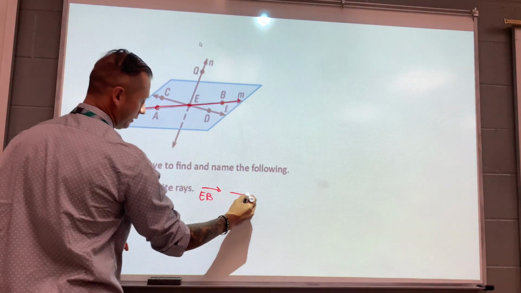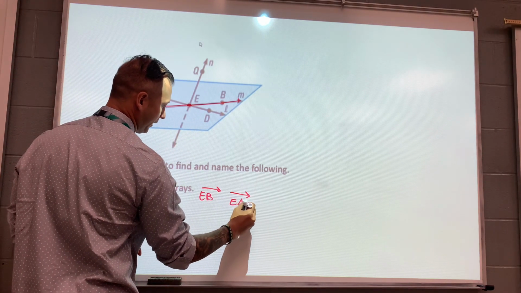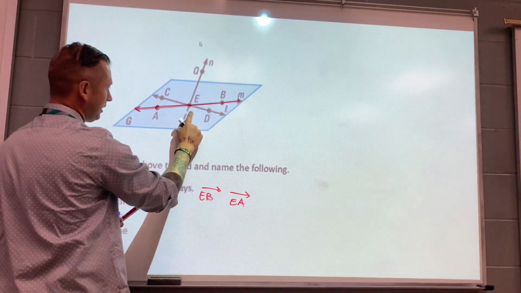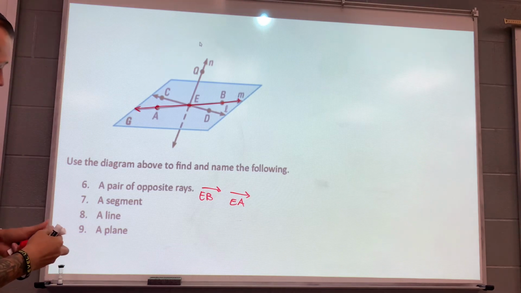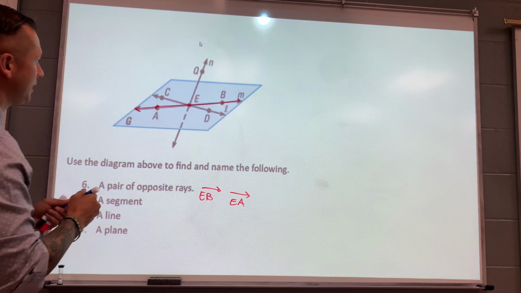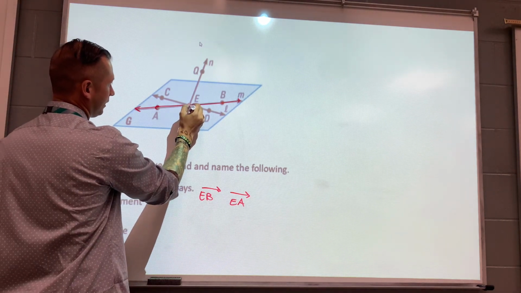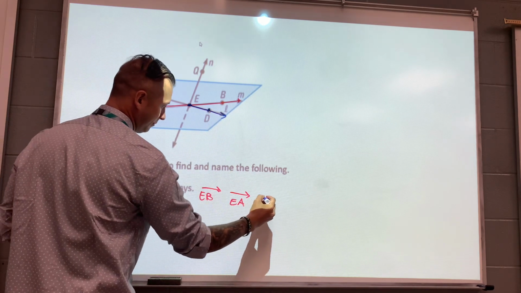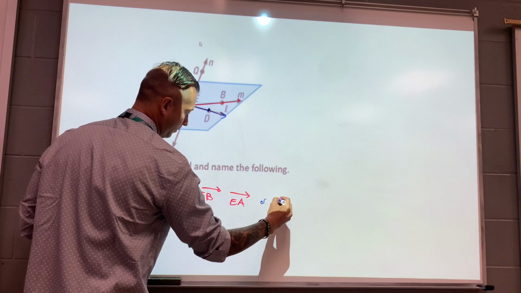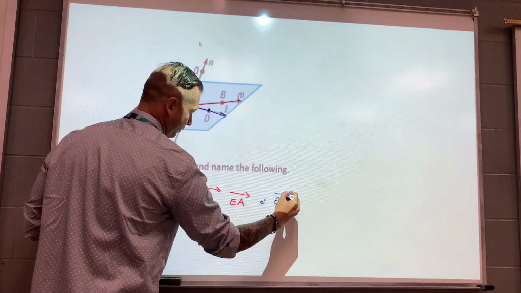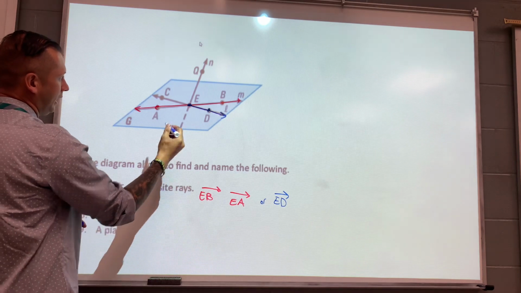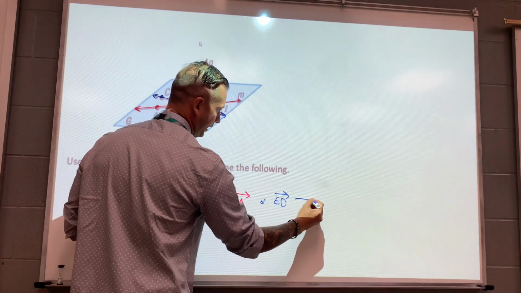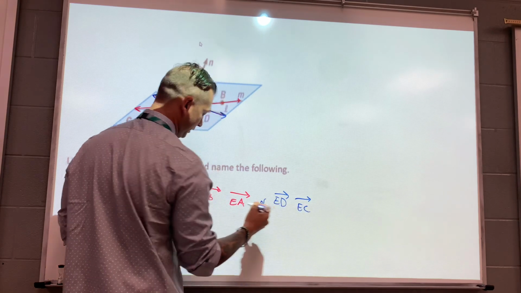E being the endpoint in the direction of A. So here is an opposite ray, EB, EA. Another one would be ray ED, and ray EC.